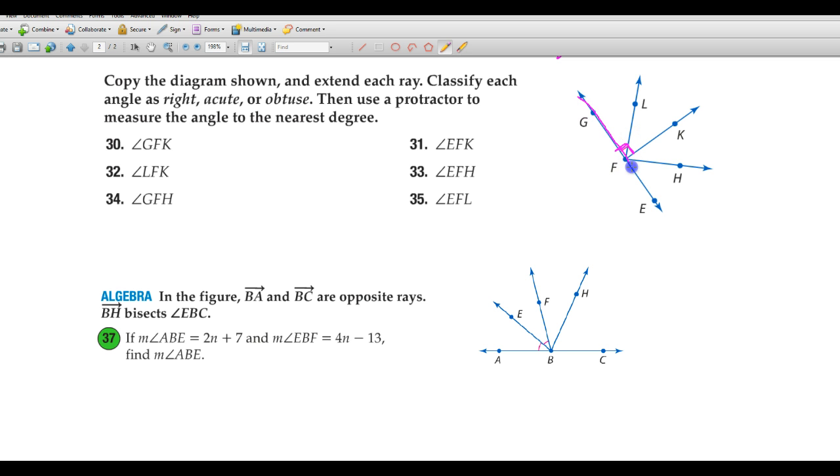So we have a straight line, which means that we have a linear pair. So on this side will also be 90 because it's 90 on that side. So 90 degrees, right angle.